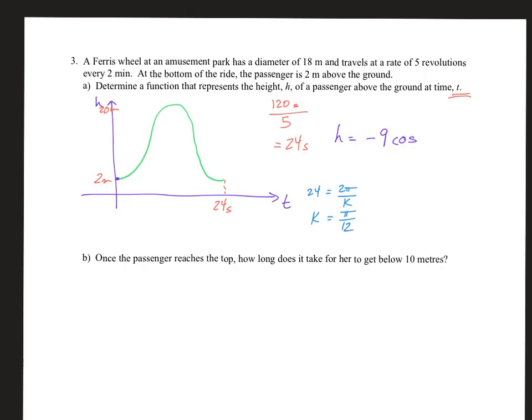That's going to get me pi by 12 as my k value. Because I used a negative cos curve, that means I don't need a phase shift, so I have my t. Now I have to get to the middle of my graph. The middle of my graph is going to be 9 up or 9 down from the top and the bottom. That's going to get me to 11. So I have a vertical shift of 11. There we go. Nice. If you came up with that purple equation, you are doing great.